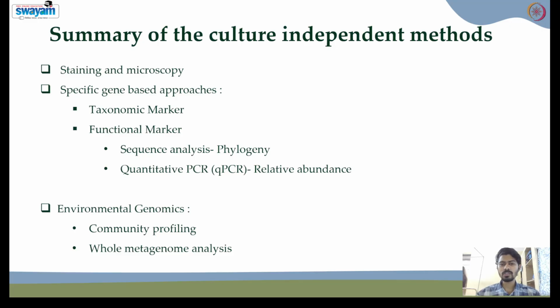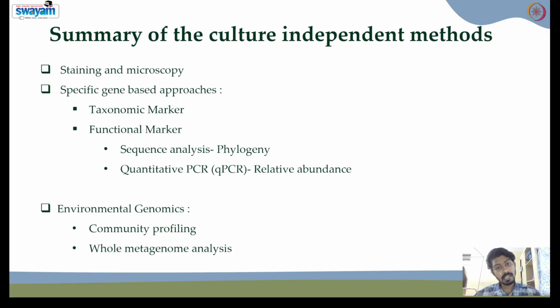We also saw categories of culturable organisms, where there are two broad categories, cultured and uncultured, where in uncultured we saw culturable and non-culturable organisms. And we saw the culture dependent methods, especially direct culture and enrichment culture technique and what selection pressures need to be considered during enrichment culture.